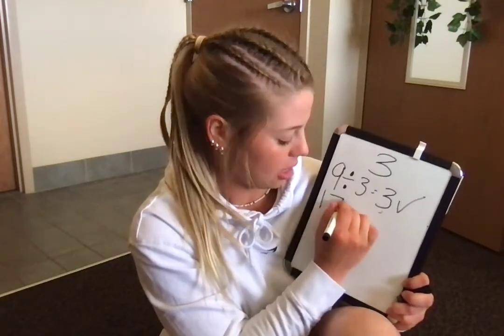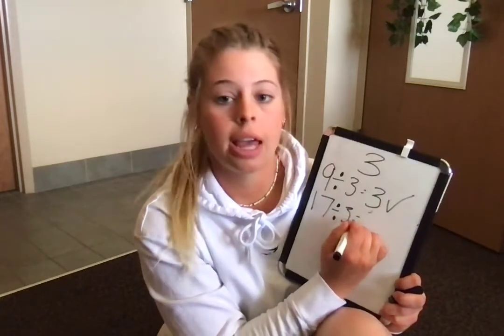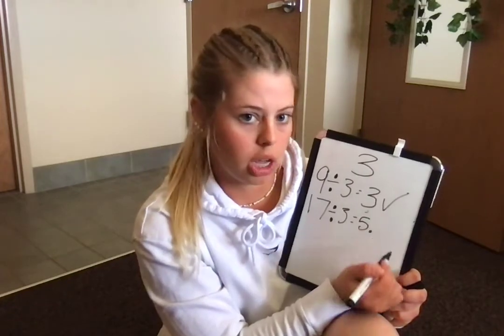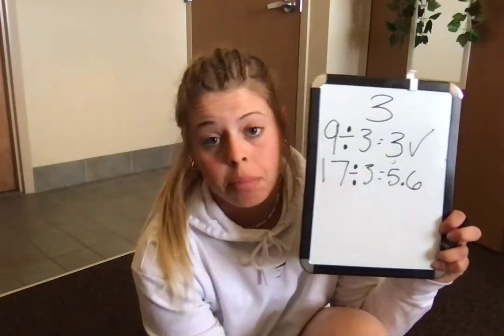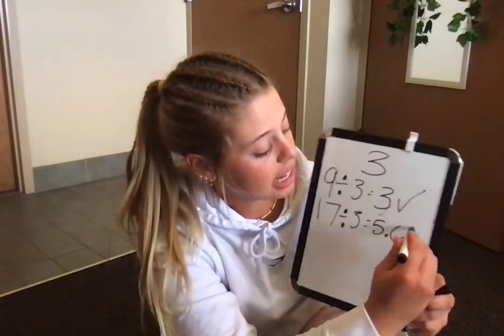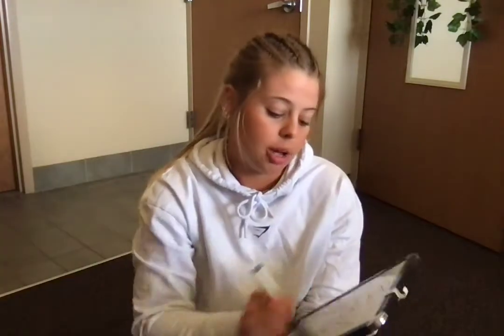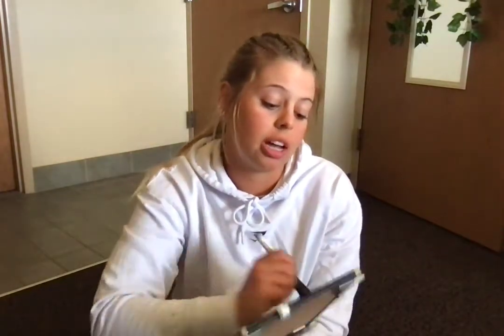So 17 divided by 3 equals 5.6. And 5.6 is a decimal, meaning that 17 is not divisible by 3. We just have to remember that the rule is, if the answer is a whole number, that means it's divisible. So decimals are not whole numbers, so they're not divisible.